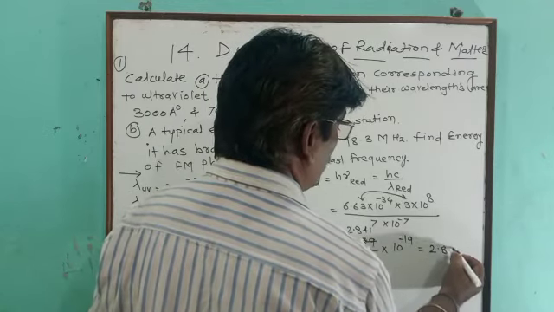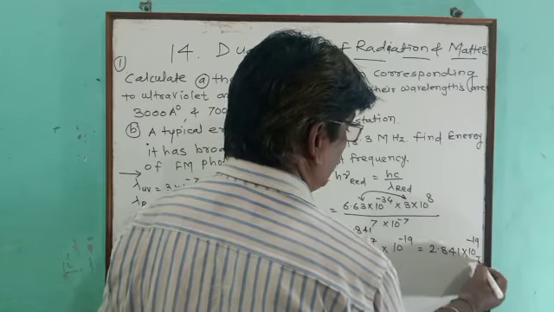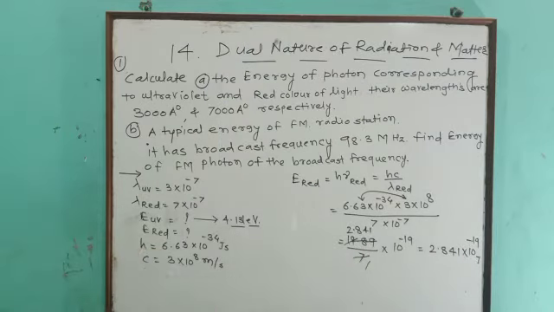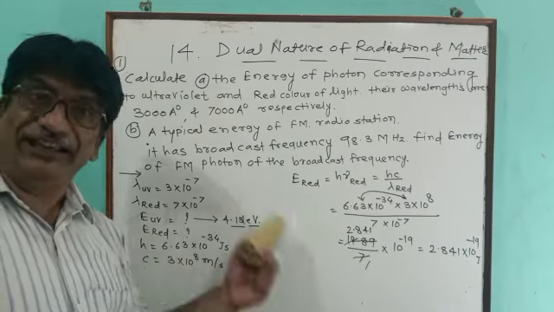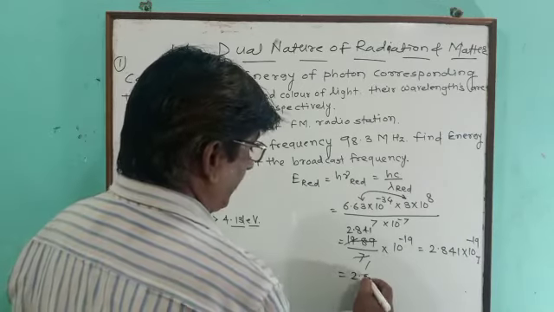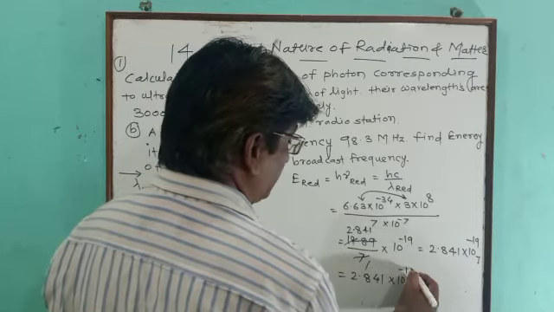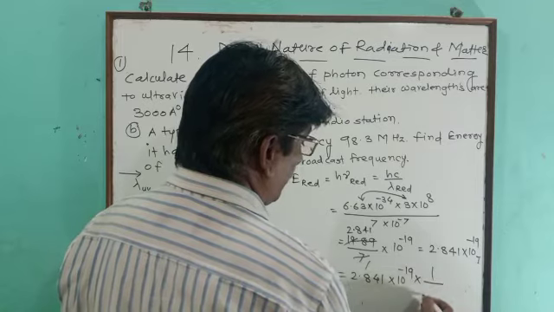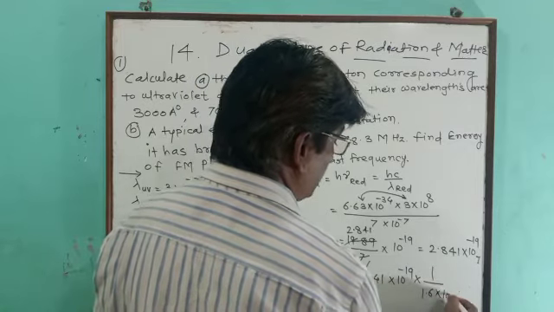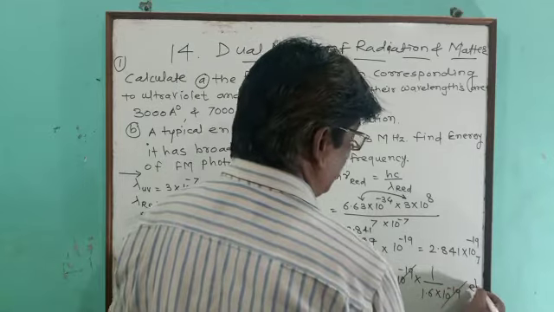So here 2.841 into 10 raised to minus 19 joule. If we write the energy in terms of electron volt, it is 2.841 into 10 raised to minus 19 into 1 upon 1.6 into 10 raised to minus 19. The 10 raised to minus 19 gets cancelled.